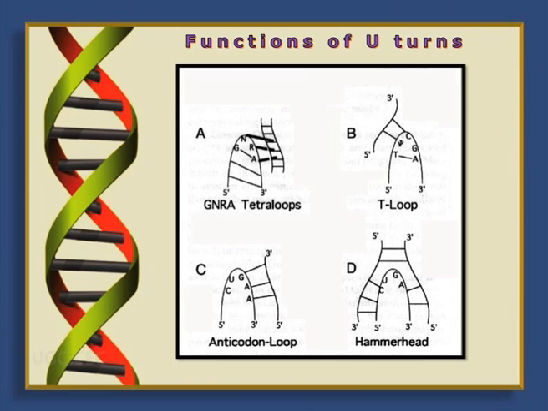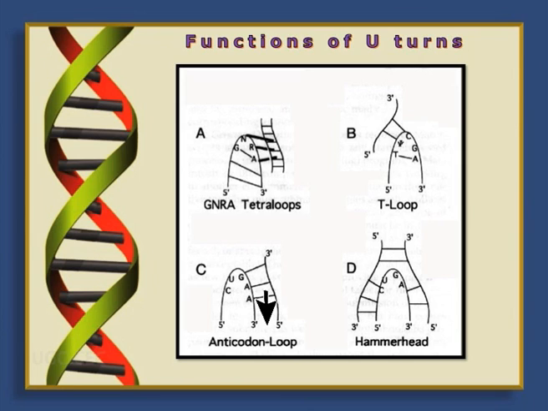Now, such kind of structures are very important. If we closely examine the functions of U-turns, we find that they are found in the T-loop, in the anticodon loop of tRNA, in the hammerhead ribozyme and so on. As we can see, the nucleotides present on the 5' side of the T-loop base pair with the bases present in the D-loop.